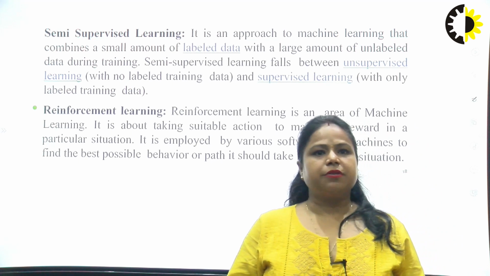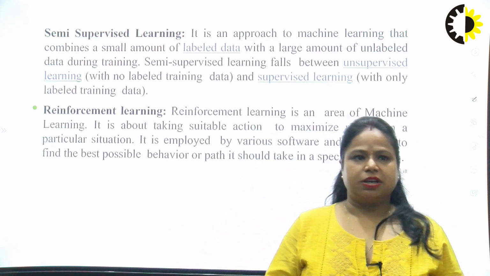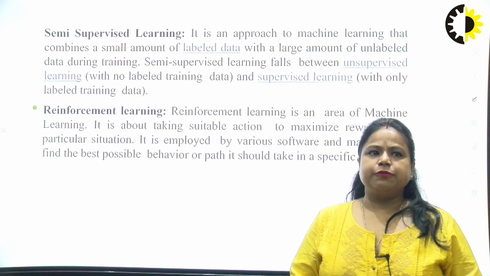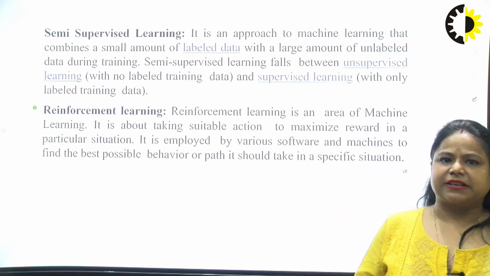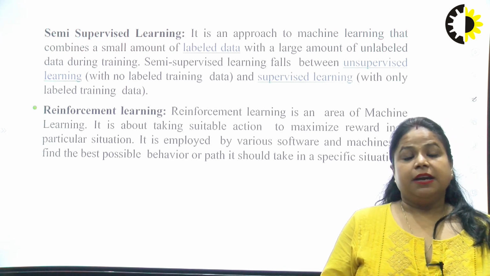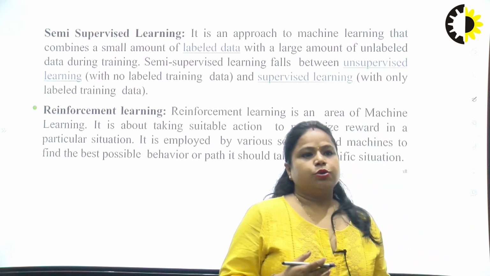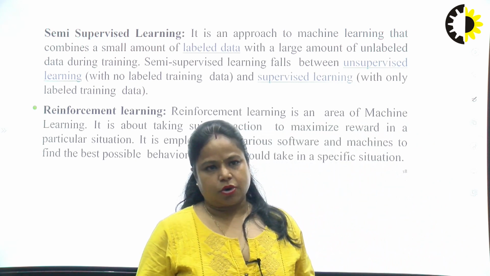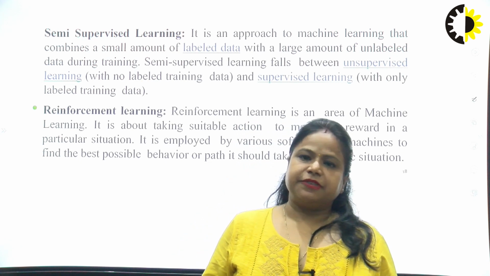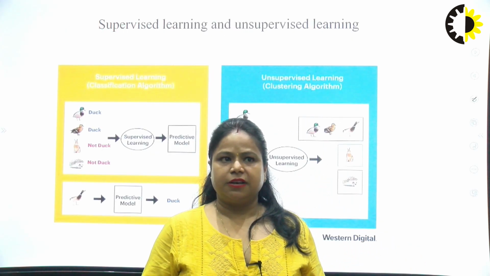This is an area of machine learning in which we take suitable actions to maximize rewards in a particular situation. It is employed by various software and machines to find the best possible path or behavior in a specific situation.